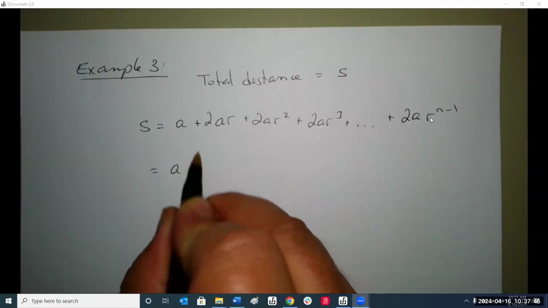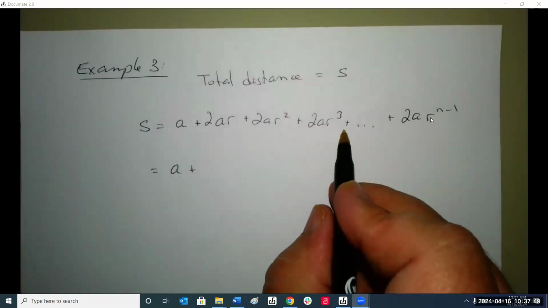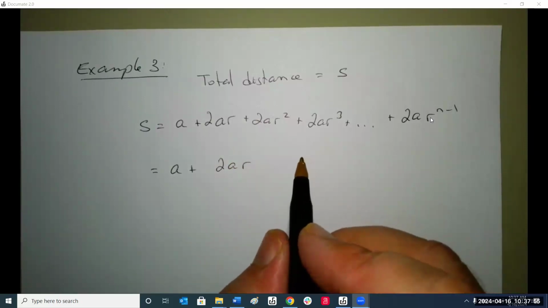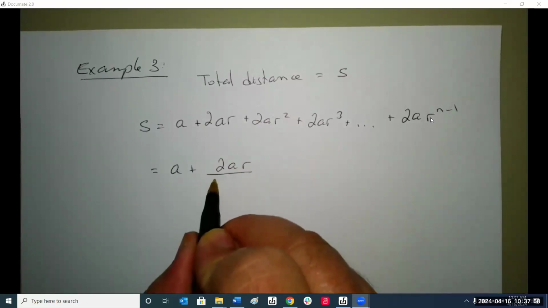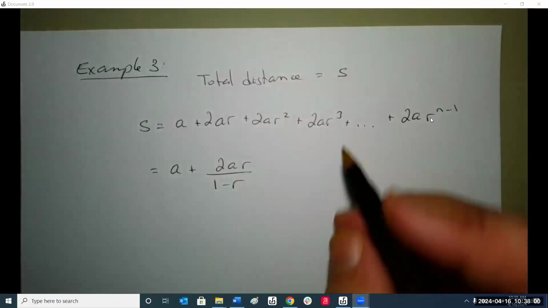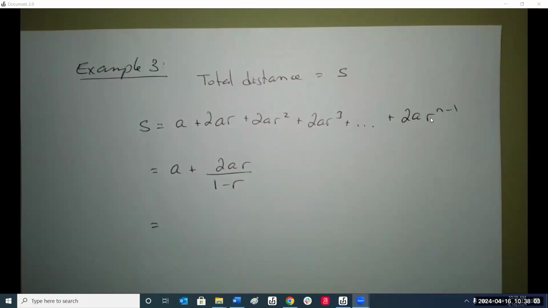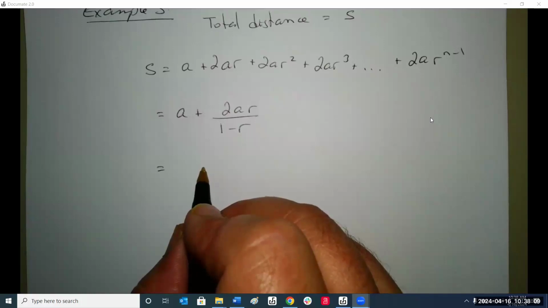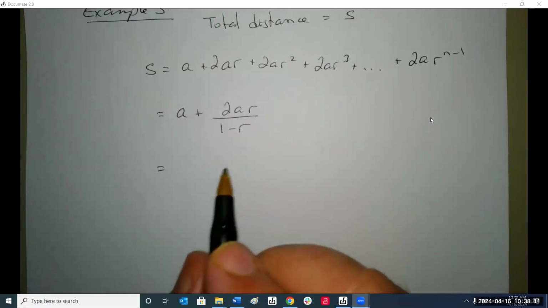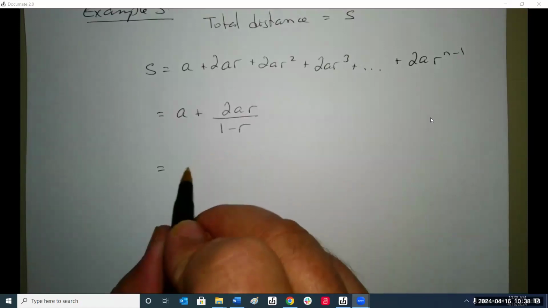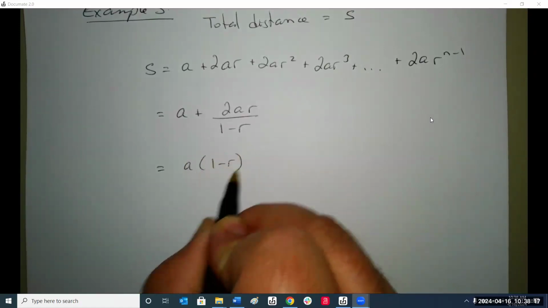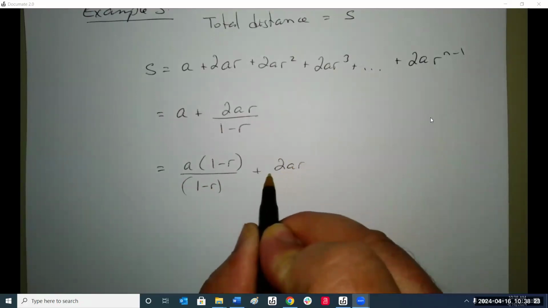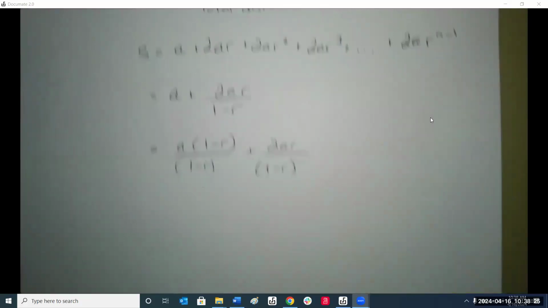So we start with A, and all of the other terms have 2 and A and R on them.